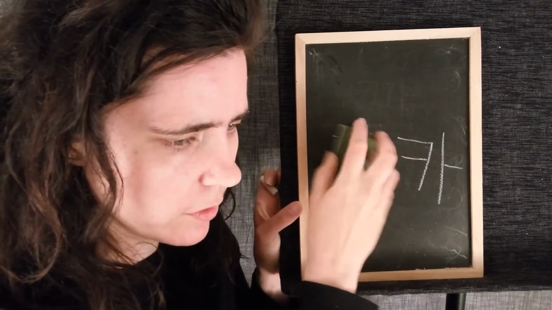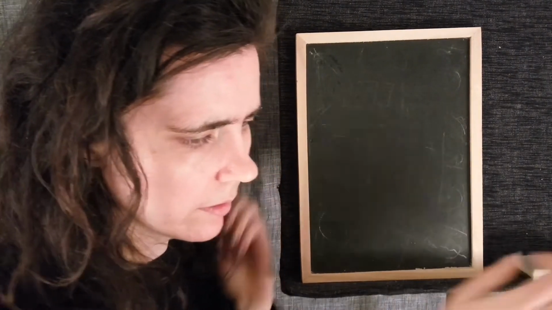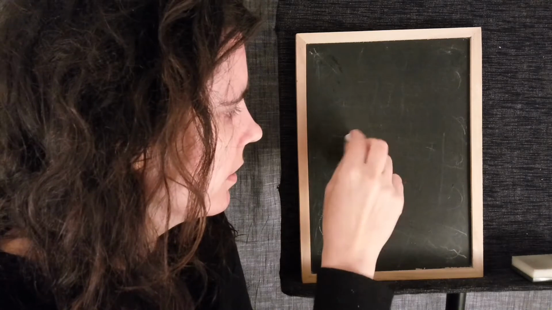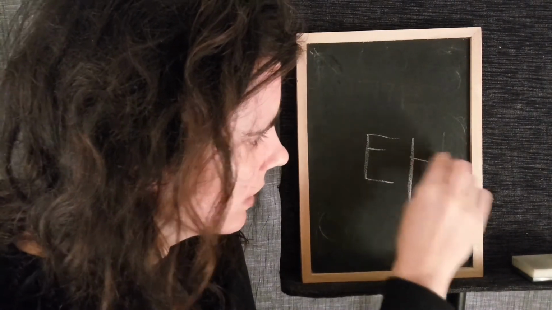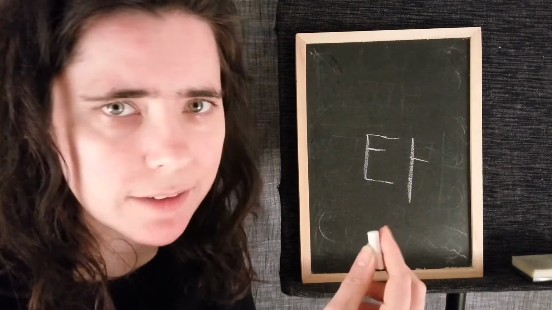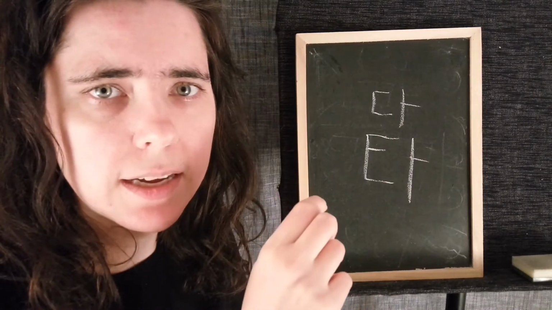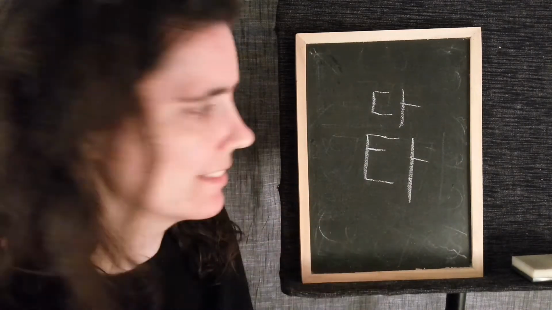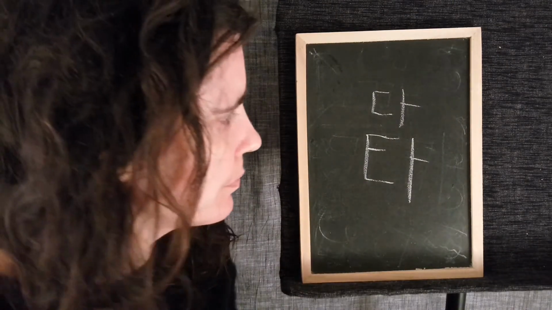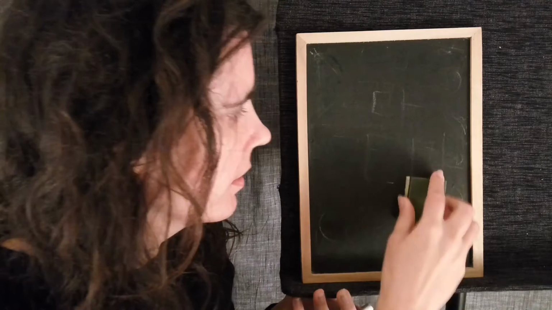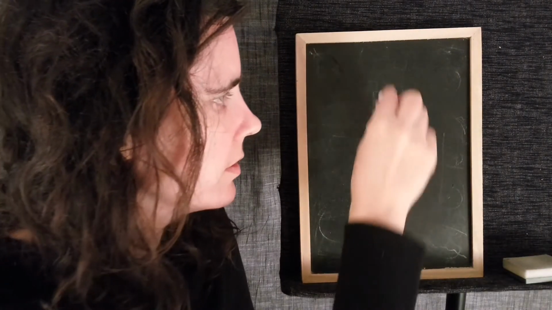And then we have two more like that. So we have ta, ta, as opposed to ta, ta. It's really hard. I have to really focus to not say the puff of air. I'm also out of practice in speaking Korean, so that's part of the reason.